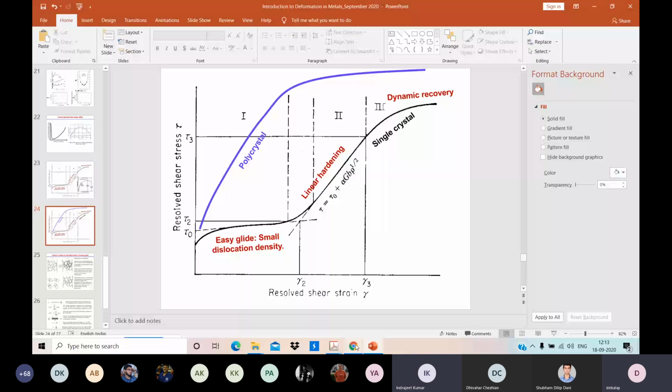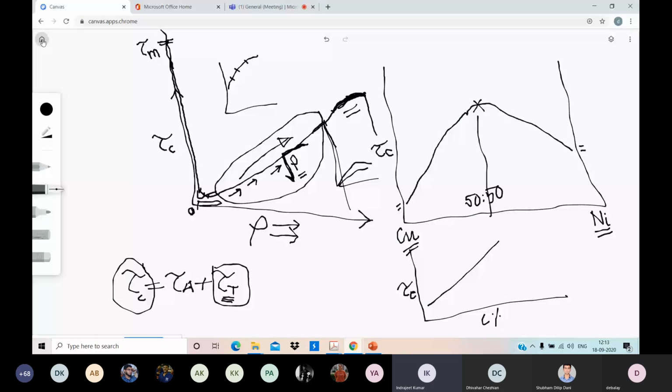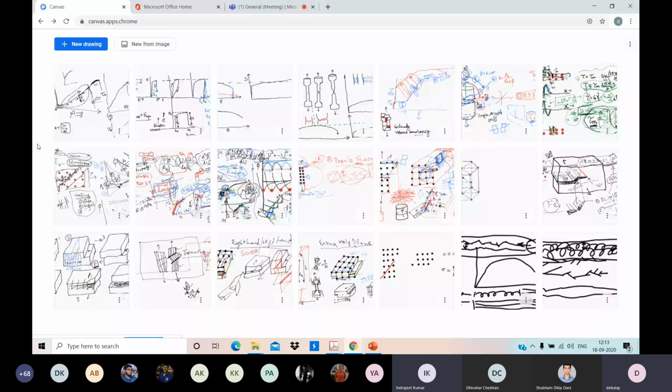So because the grain orientation is different, they could not come up to the surface. Isn't it interesting that ultimately polycrystal is made of many single crystals?